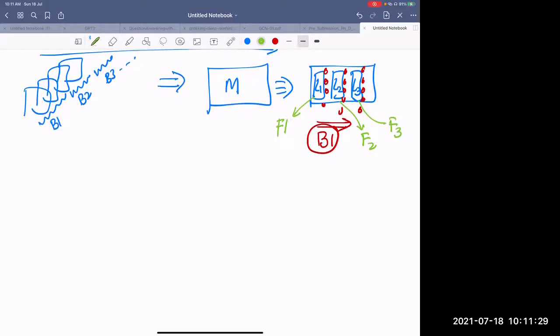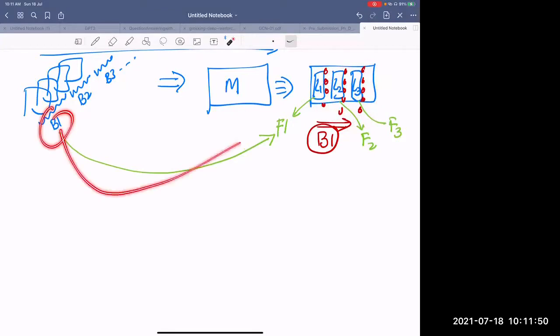Now when any batch comes in, these red guys will have some value. Just concentrate on these values. So when B1 goes in, these values will be within a certain range.